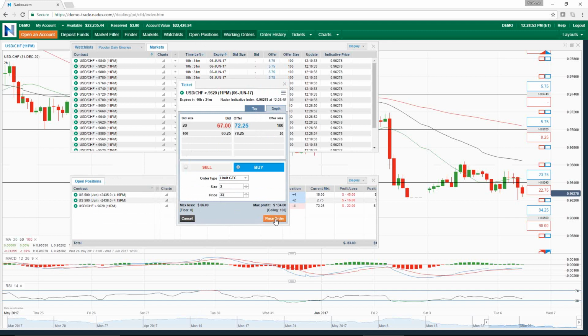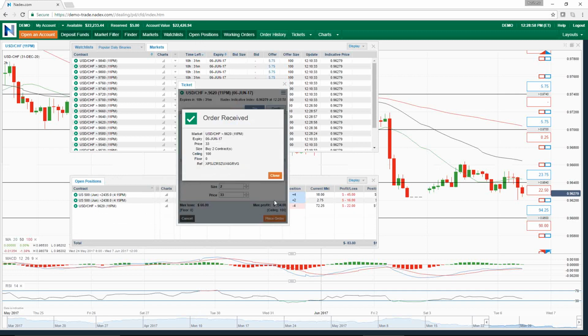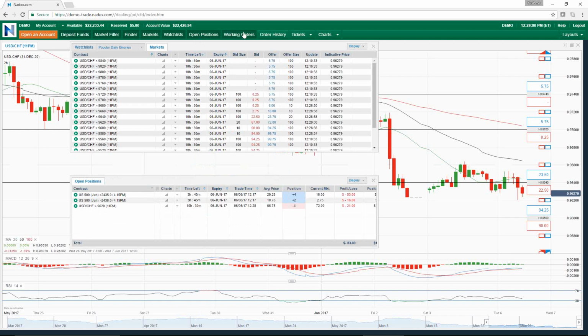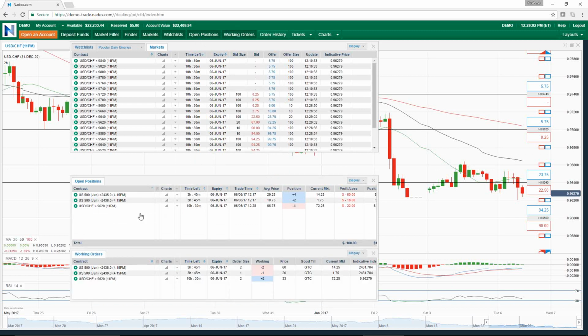Okay, so I'm selling it for 67, buying it back at around 33. And that's going to give me my break even, and that'll show up under my working orders.